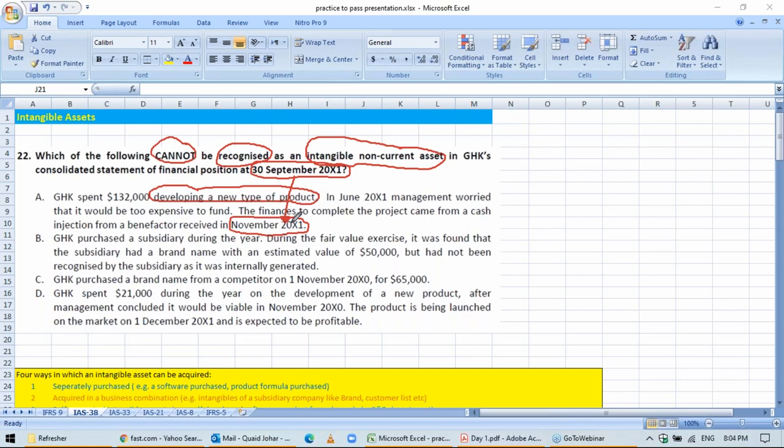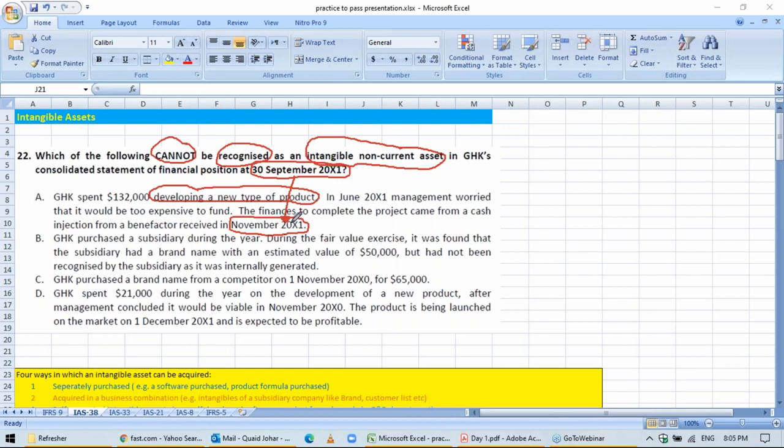So until and unless all conditions are met, there are 6 conditions: feasibility, second is ability to complete and sell, third is availability of resources, fourth is that they should have a market, fifth is that they should measure the cost reliably, right? That is, how much expenditure has been incurred to develop the asset.